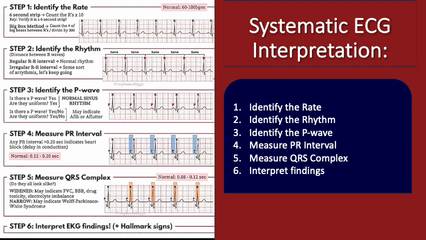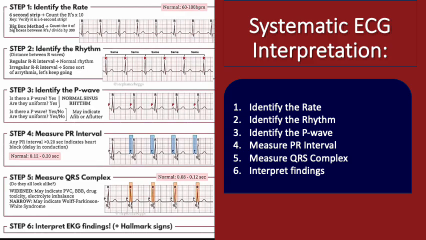You can count the R's and multiply by 10 if it's a 6-second strip, or you can use the big boxes. I will try to find an R on one of the lines and then count and divide it by 300 to get the rate. The normal rate is usually between 60 and 100 beats per minute.